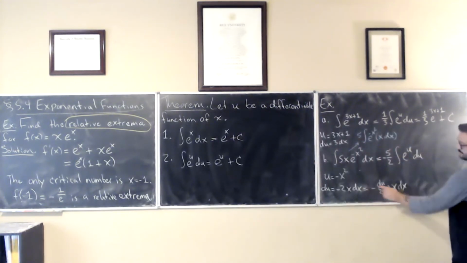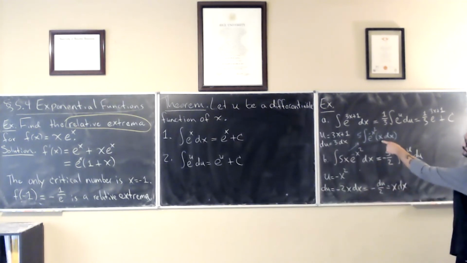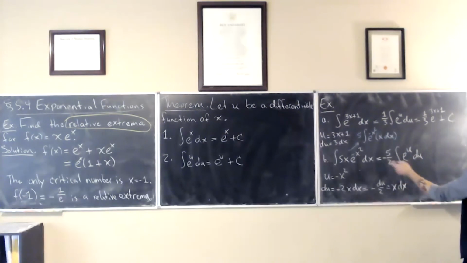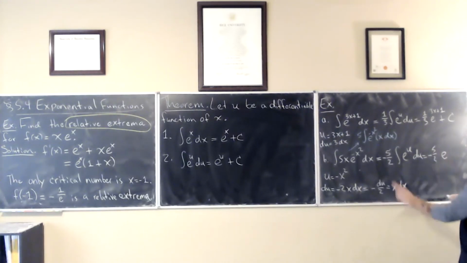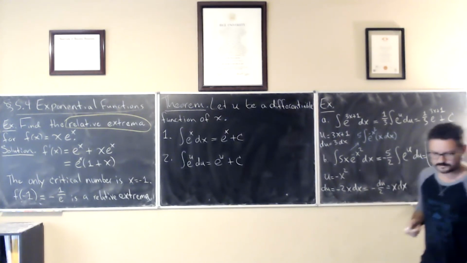And then in place of x dx, I wrote negative 1/2 du. And then I took the negative 1/2 out, and I'm just left with what I need. So then altogether, this is negative 5/2 of e to the power negative x squared. Don't forget your constant of integration.